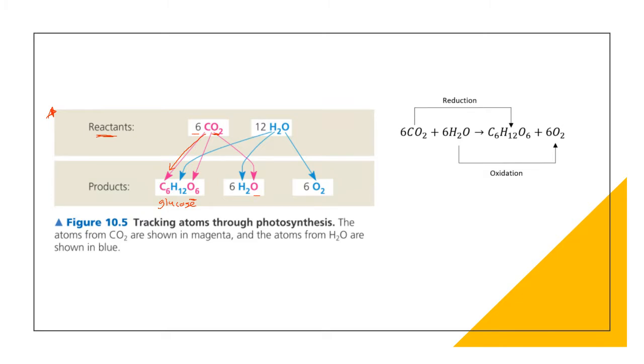There was a different color. Well, the atoms of the water, the hydrogens, you can see they're going to end up in the glucose. The oxygen atoms from the water molecule here are going to end up being used to make oxygen, the gas that is produced by plants and that you breathe in.